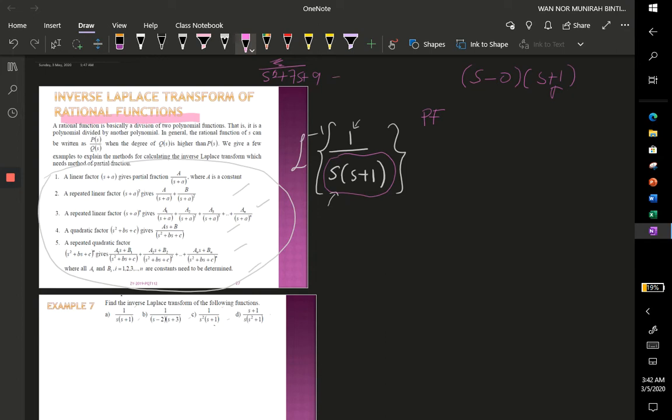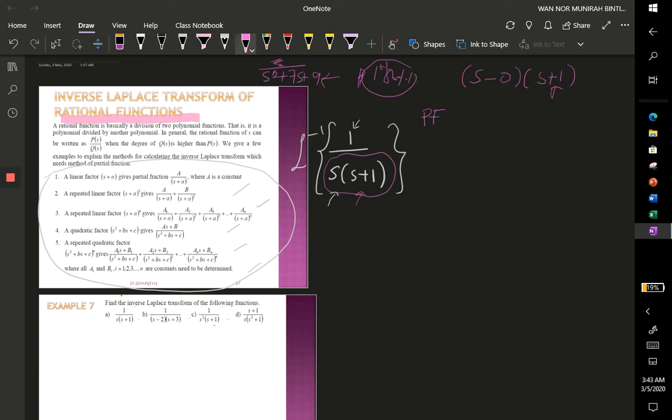So in order to factorize your denominator, you apply the completing the square technique. When you apply completing the square, you must apply the first shift property. But when your denominator factorizes to a nice number, with whole numbers like this, better apply partial fraction. So that is the tip.